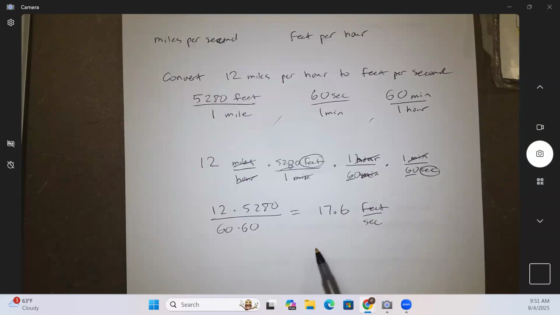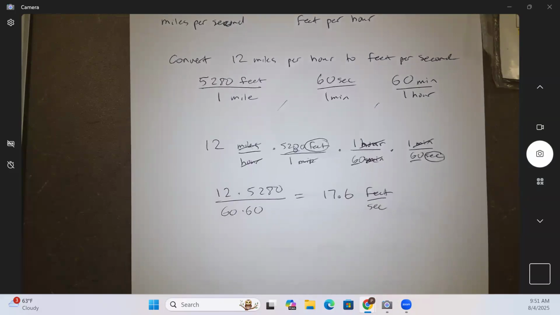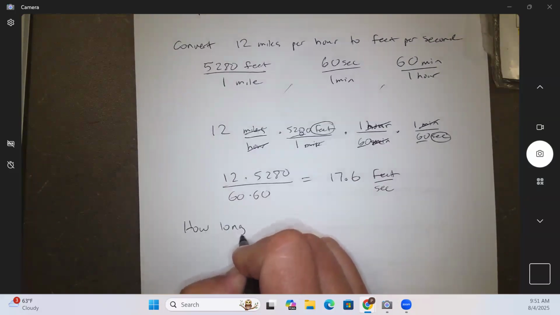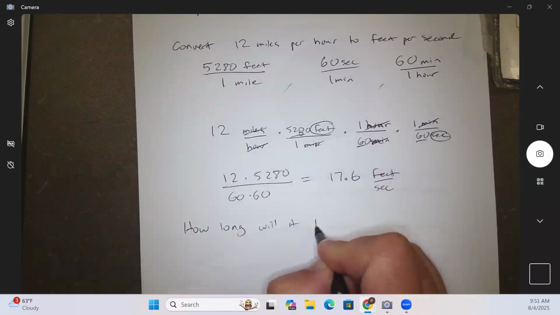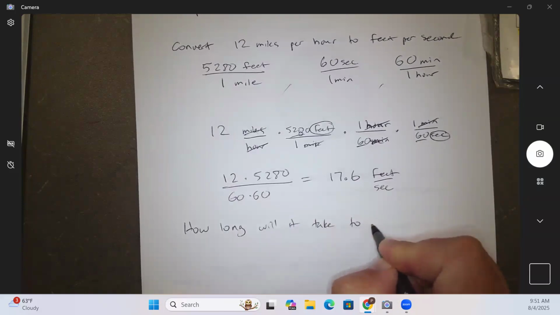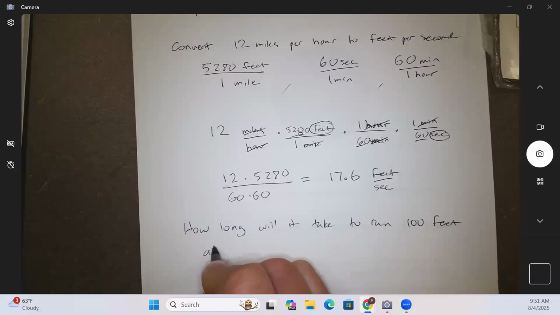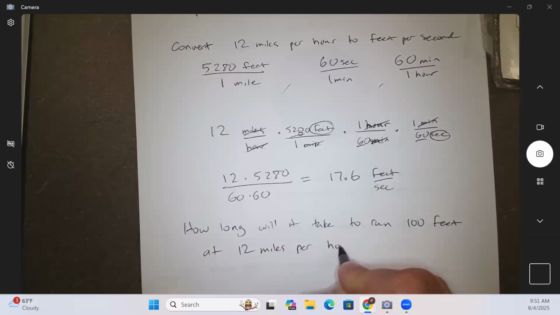So if they have to cover 100 feet, how many seconds will that take? Which is maybe a question you're going to answer more often. How long will it take to run 100 feet at 12 miles per hour?